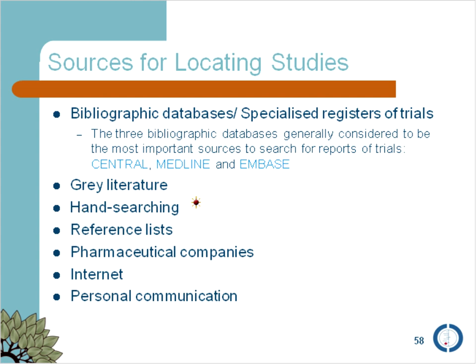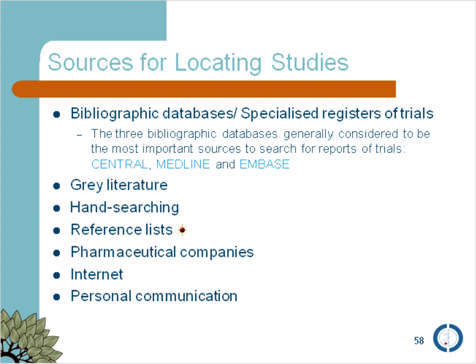Gray literature is certainly important, and in essence that's information not formally published in books and journals, and is important, especially for what I mentioned previously about publication bias, to try to find relevant studies that are not published in journals.